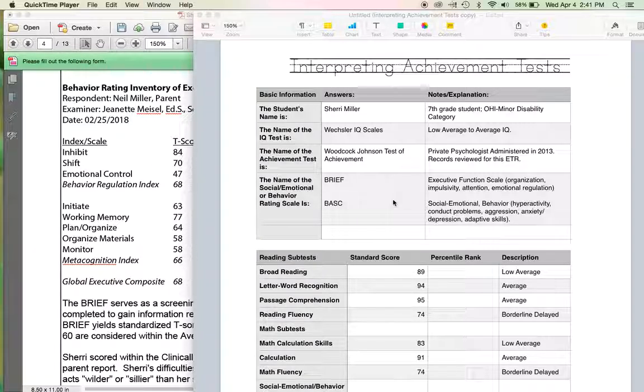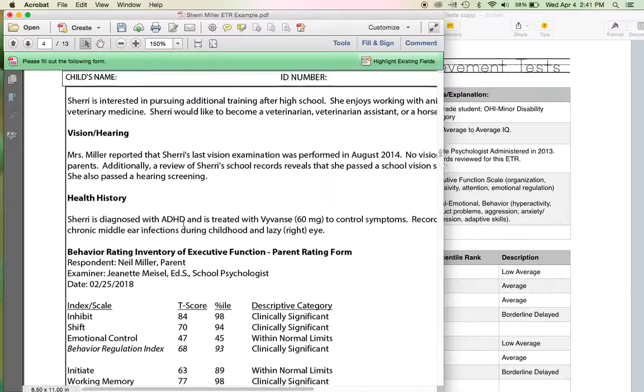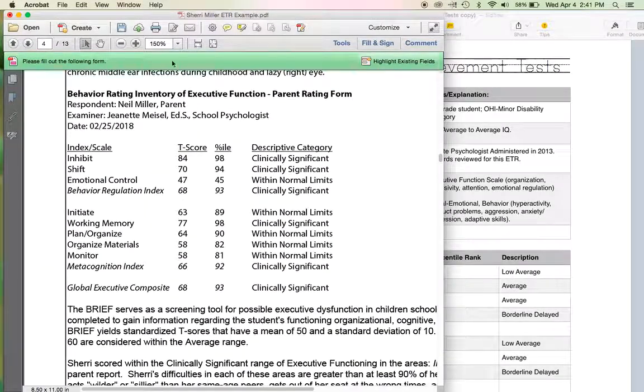But I did just want to walk you through this example of Sherry's ETR case study. You can find Sherry's ETR on Moodle. I just wanted to walk through specifically for her the social, emotional, and behavior piece.